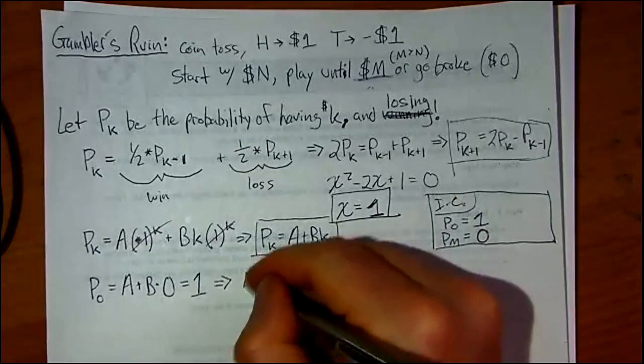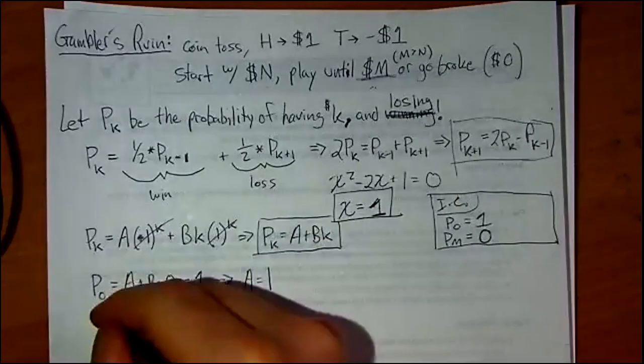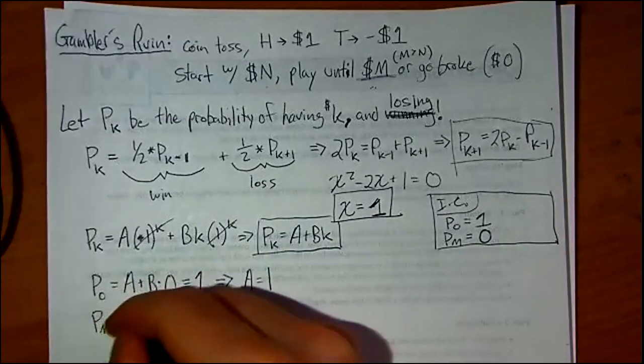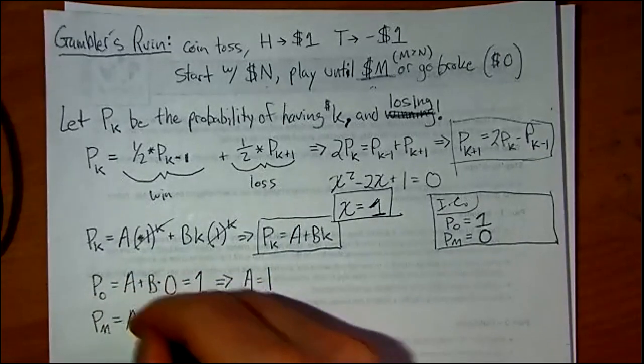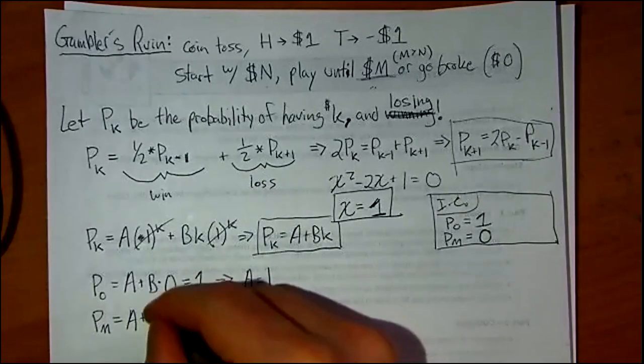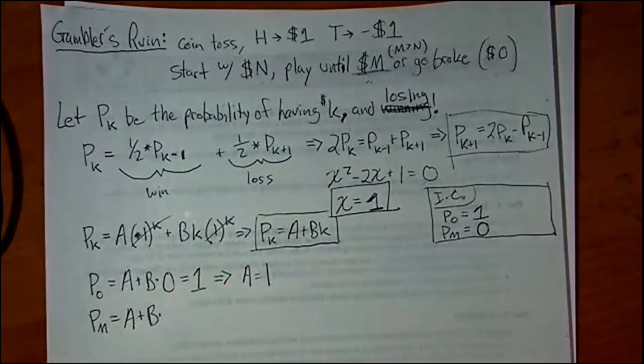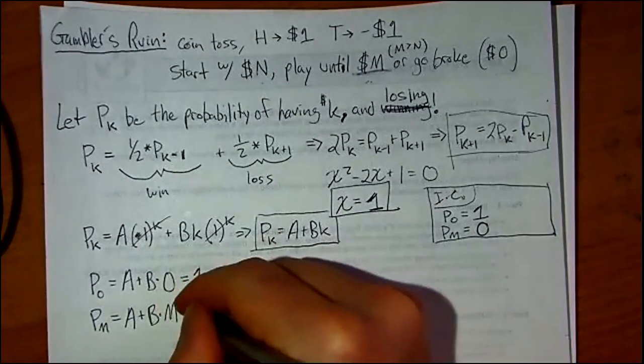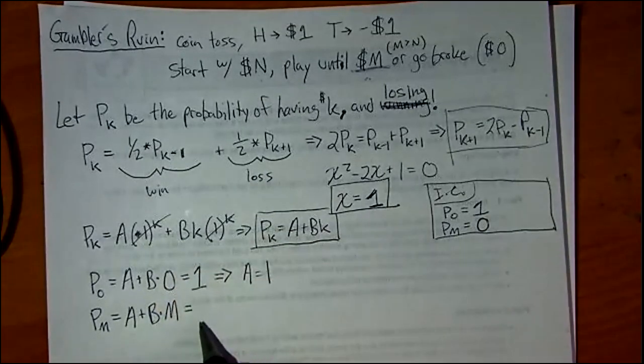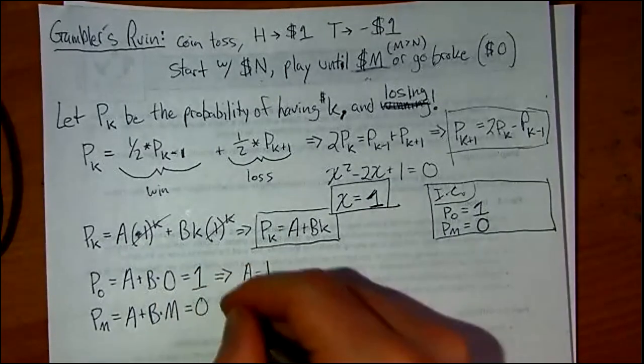A equals 1. Okay. P sub M equals A plus B times what? Not 1, M, good, equals how much? 0, which tells me what?